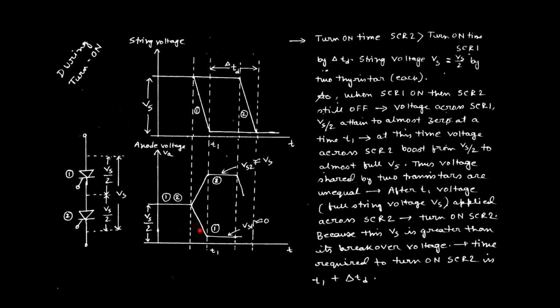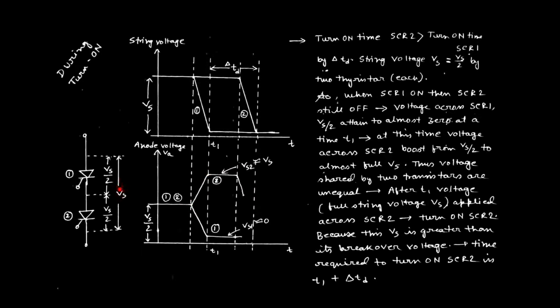That is why the voltage appearing across SCR1 falls, but not exactly to zero, again due to the presence of the 4 layers and 3 junctions. Anyway, the total string voltage is Vs. That means once SCR1 is turned on, the total voltage appears across SCR2, right?